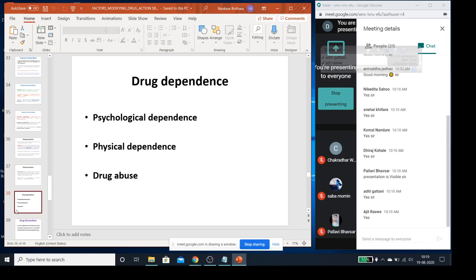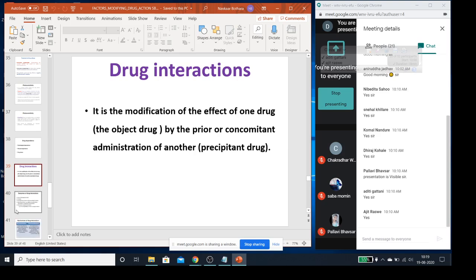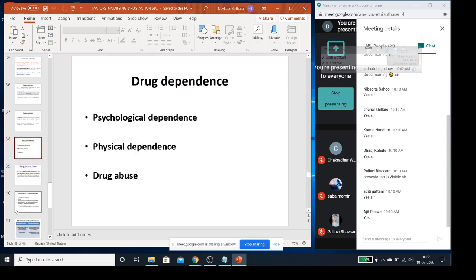There is a dependence, meaning without the drug the body cannot function, and because the body remains dependent on it, if the drug is not there, the body shows a reaction against it, and that causes a bigger side effect. So there are many such drugs which cause different kinds of dependence.